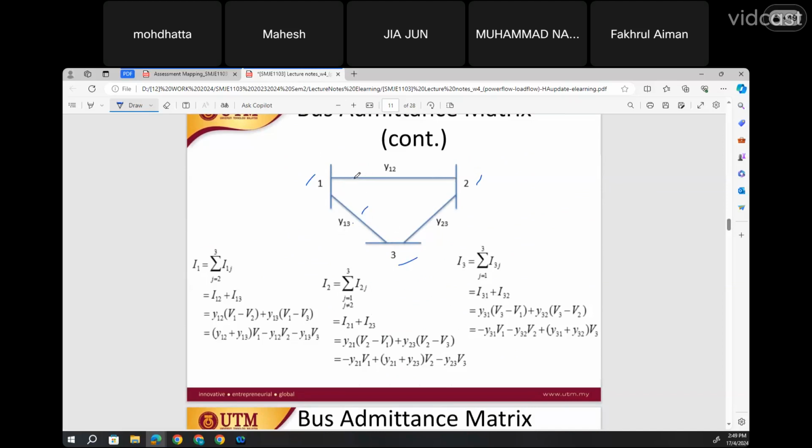The line over here can normally also be represented by a resistor and an inductor. Here we have R plus XL.